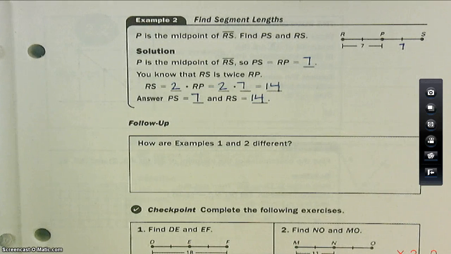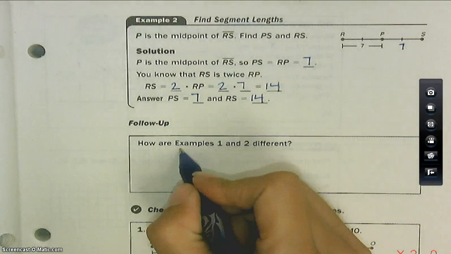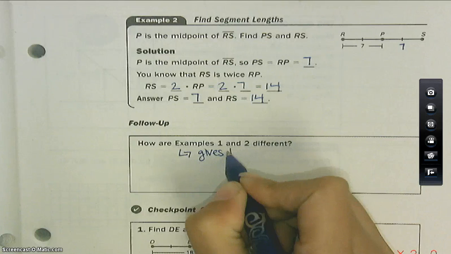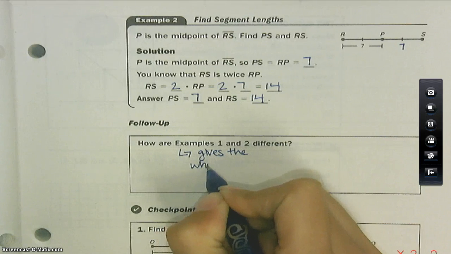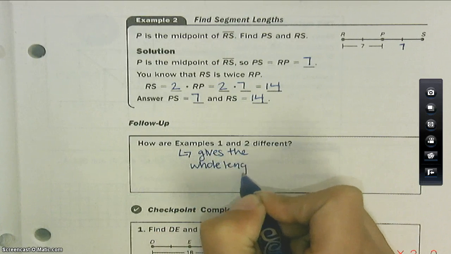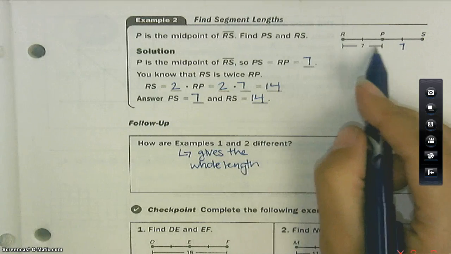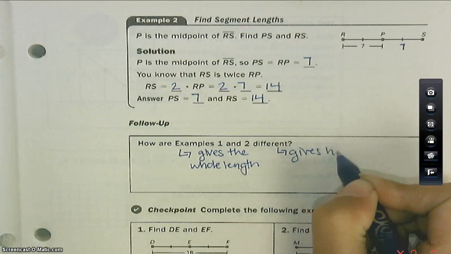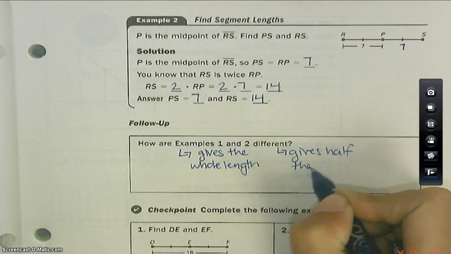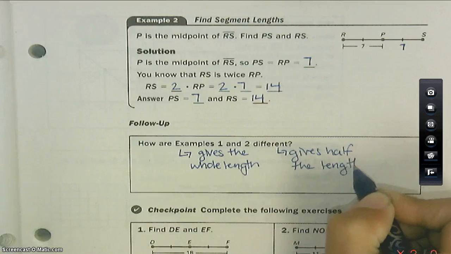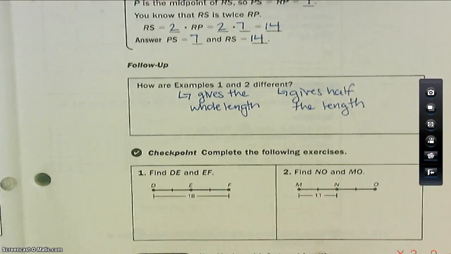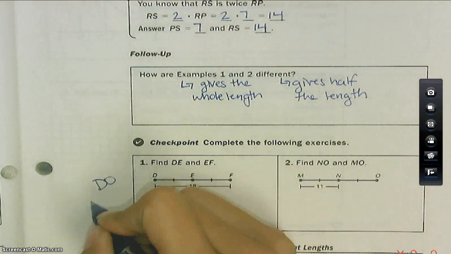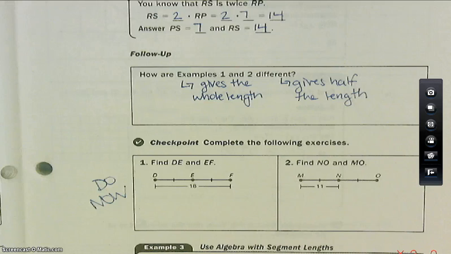How are examples 1 and 2 different? Well, example 1 gives the whole length, and example 2 only gives you half the length. So using those two examples, I want you to go to the checkpoints, and I want you to do both of these now.